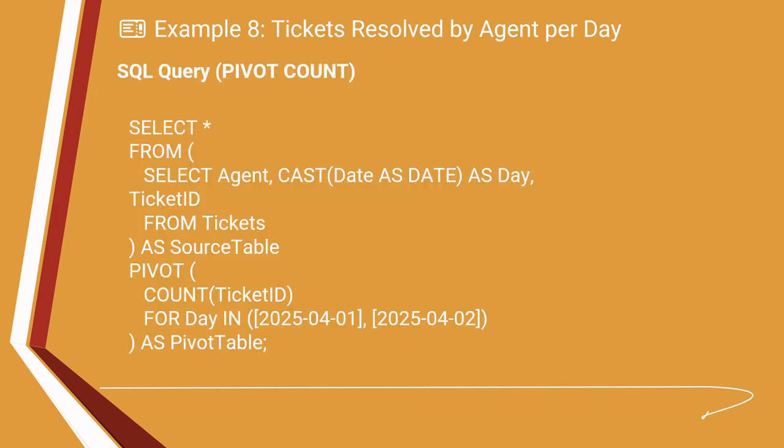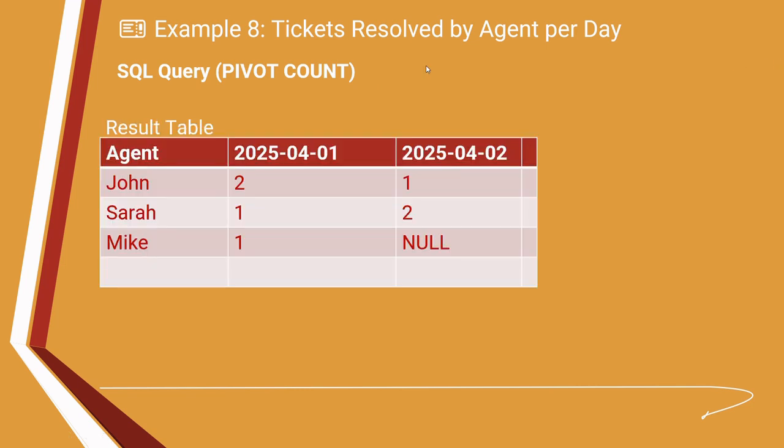The SQL query pivots the date field and counts how many tickets each agent closed on those days. The result is a summary table showing daily ticket resolutions per agent.